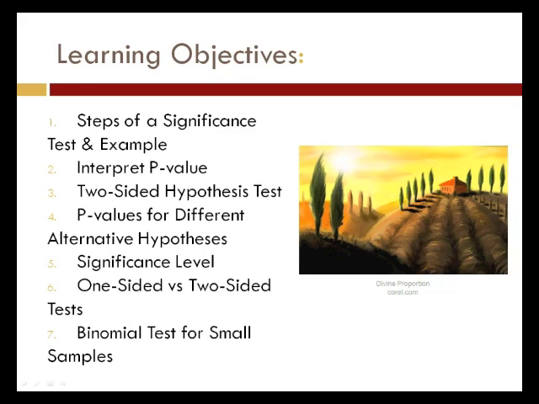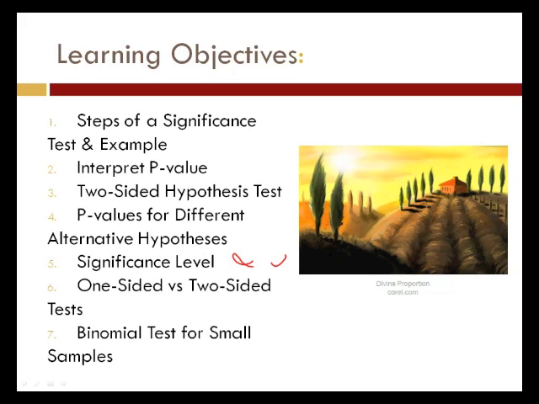And then we'll talk about the two-sided hypothesis test. We haven't talked about that yet. We'll talk about p-values for different alternative hypotheses. So when it's less than, greater than, not equal to, what do you do differently for those? We'll talk about the significance level, which is another Greek symbol, alpha.